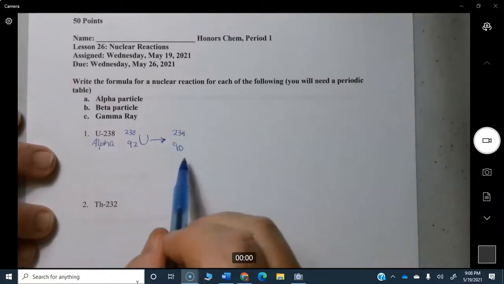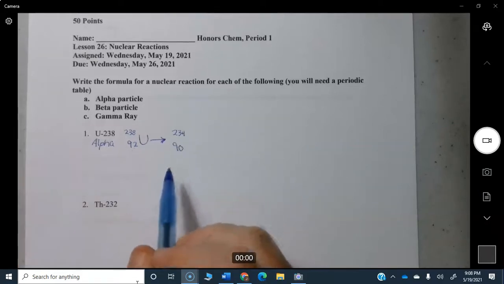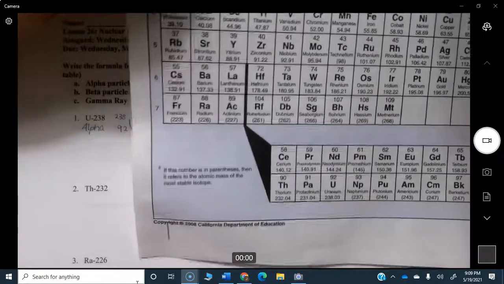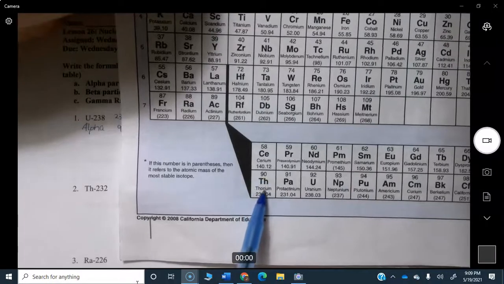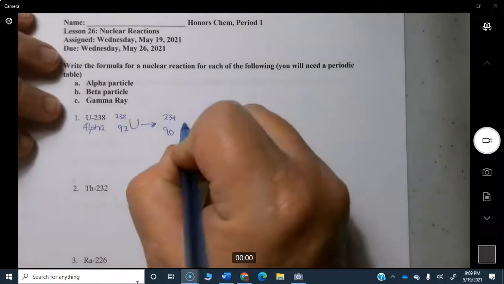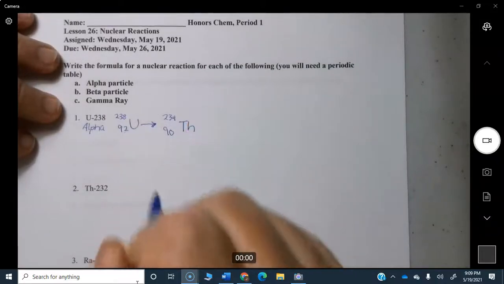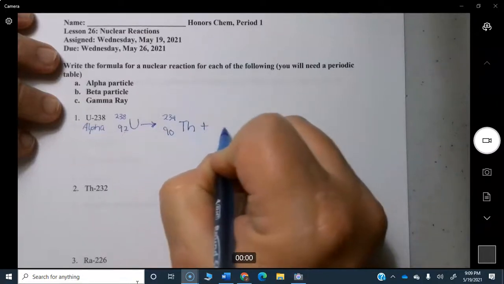The identity of the element is determined by the number of protons, the atomic number. This bottom number is 90, and on the periodic table, number 90 is thorium. So when it lost that alpha particle, it became a thorium atom. Then what you add to that is the alpha particle. What is an alpha particle?